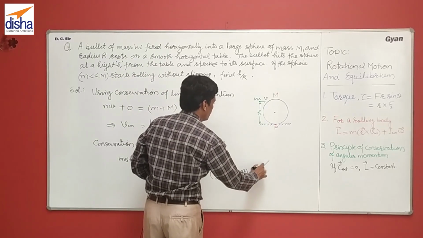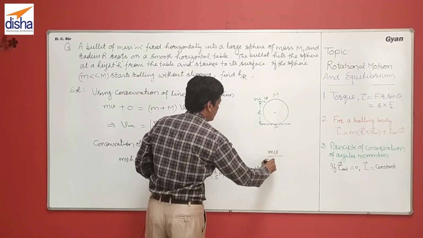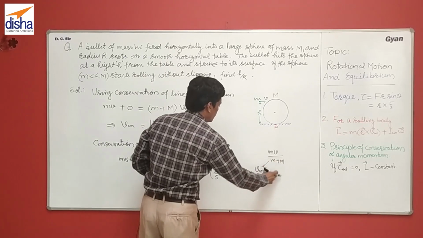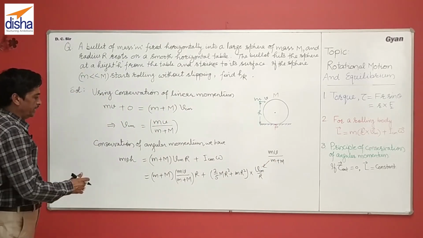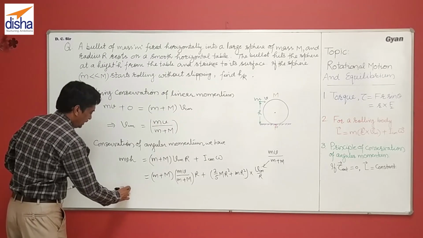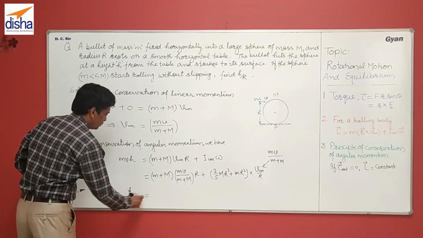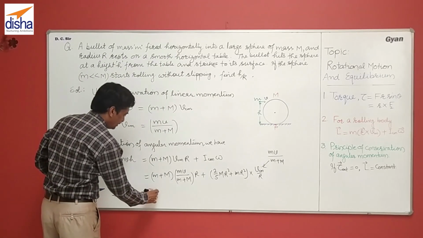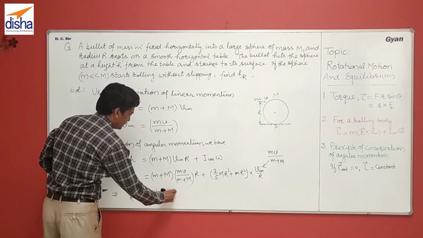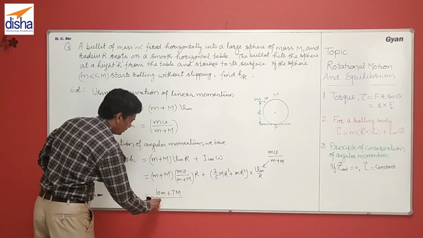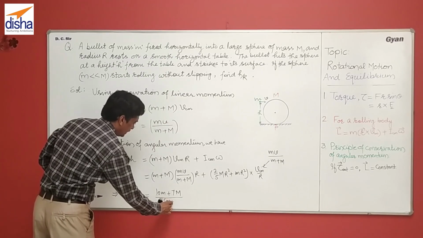Here vcm is equal to mv upon (m plus M). Now simplifying, we have h upon r is equal to (10M plus 7m) upon 5(m plus M).